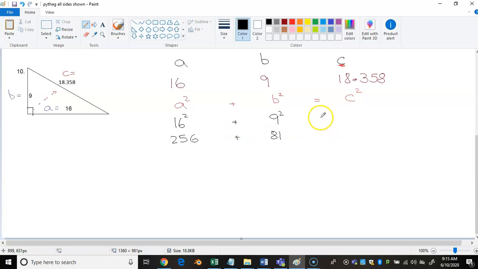There we go. And C squared, which is 18.358. If I square that, 18.358. I have not got a hope of being able to do that without the calculator. I get 337 point, and then there's some decimal places, 0.16164.